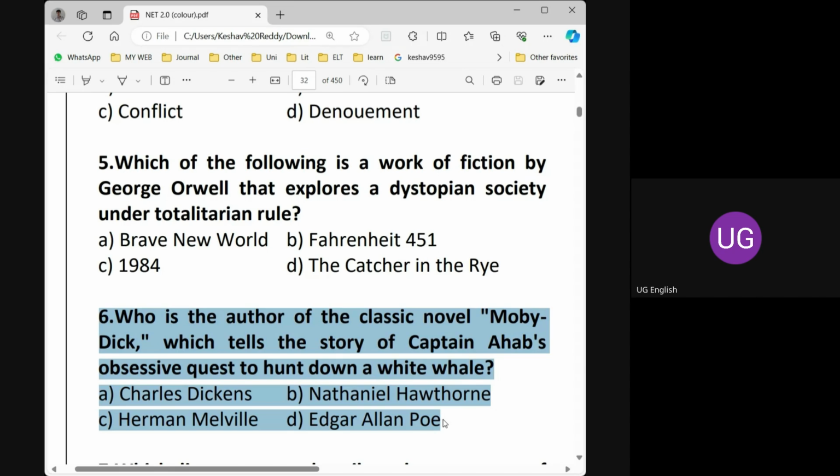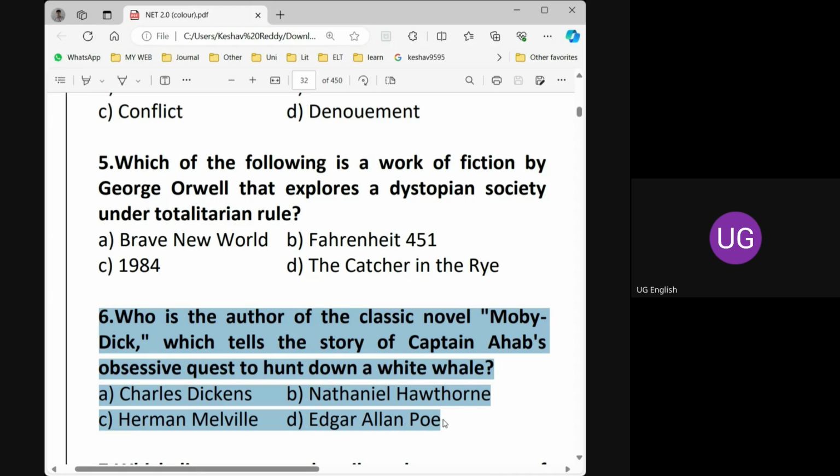Who is the author of the classic novel Moby Dick? Moby Dick is a classic novel in which there is a famous character of English literature, we can say the entire English literature, Captain Ahab, the most famous literary character, and his quest to hunt down a white whale.